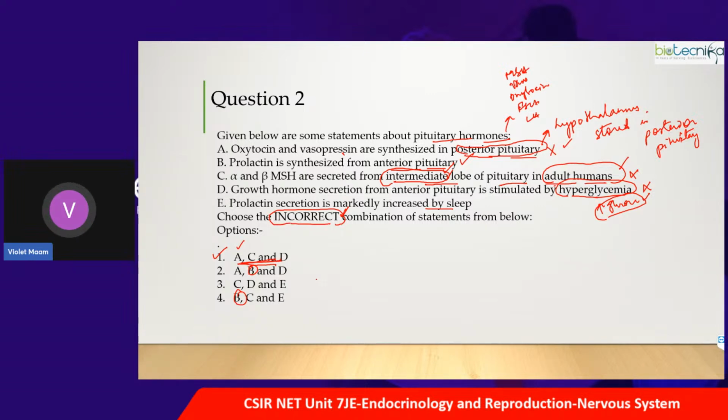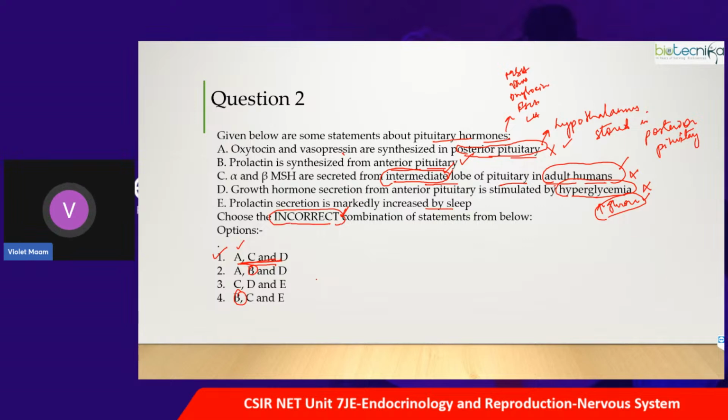And about this prolactin secretion. Can you all tell if E is correct or not? What stimulates the prolactin secretion? It is correct.